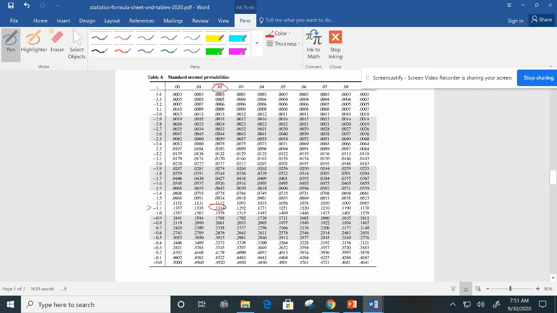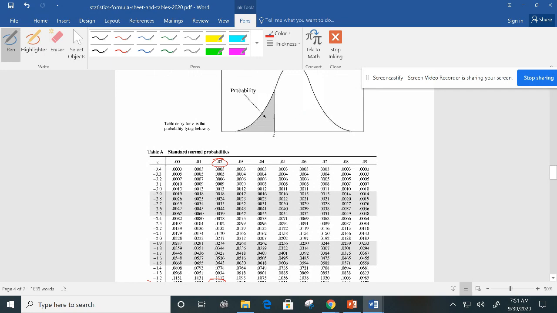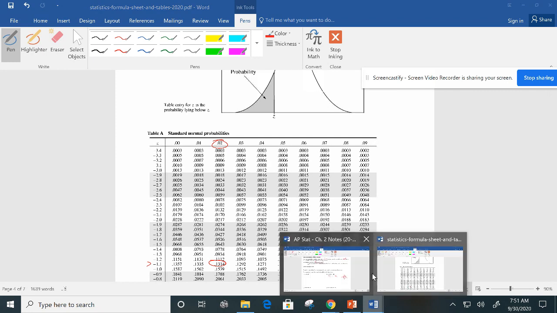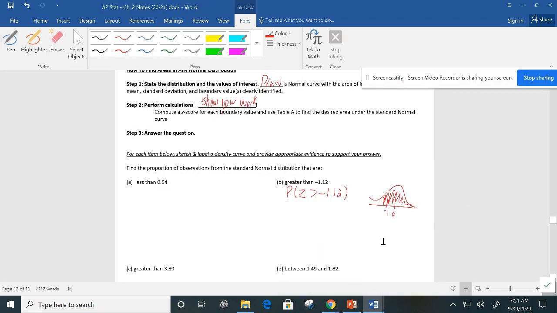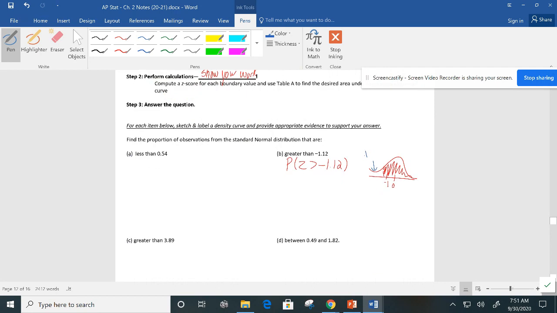Now keep in mind, that always represents the area below or to the left. Here I want the area above or to the right. So this is not just going to be my answer here of 0.1314. I have to subtract from 1. Because what I found here is this area below to be 0.1314, but I want this area here.